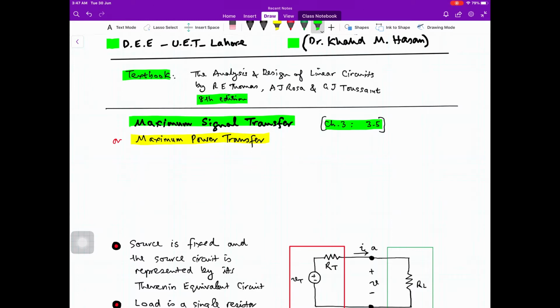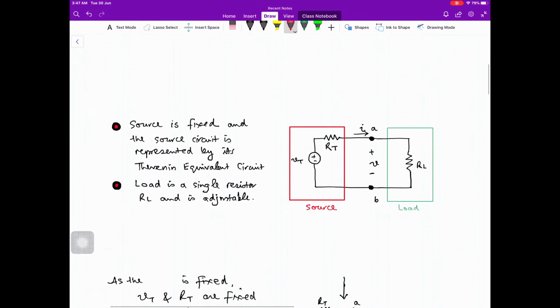Now, in maximum power transfer or maximum signal transfer, we see how the power delivered to the load will vary when the source is fixed.